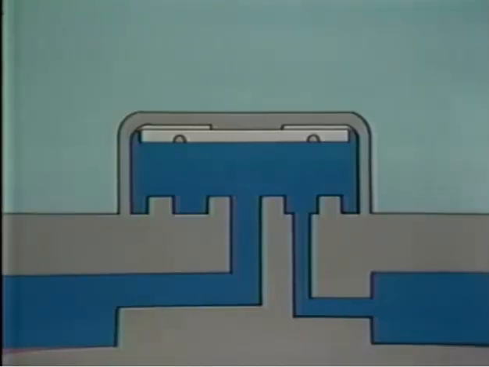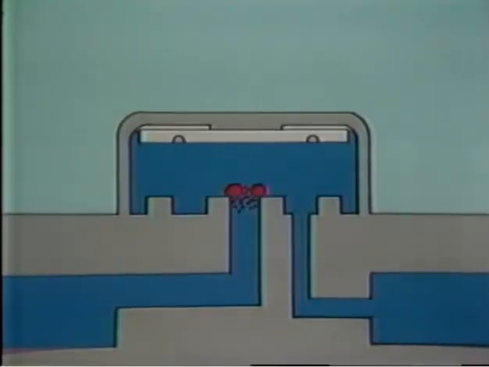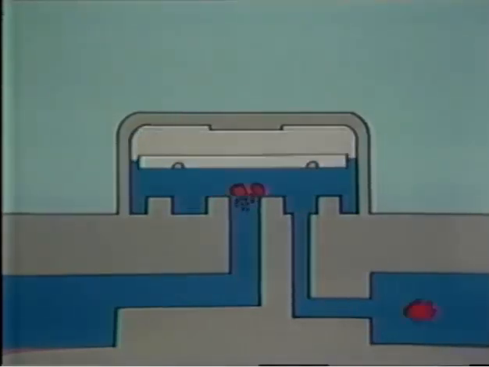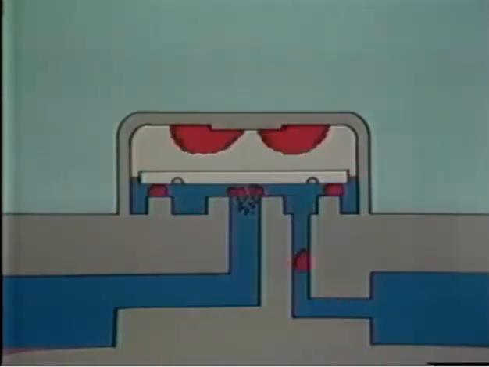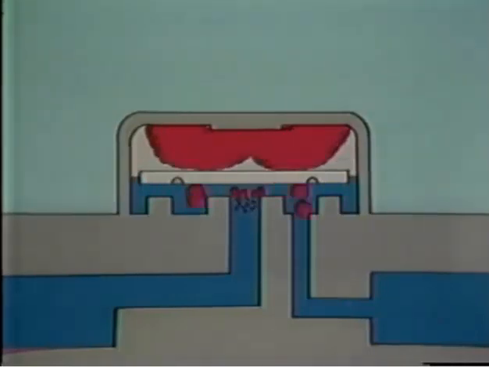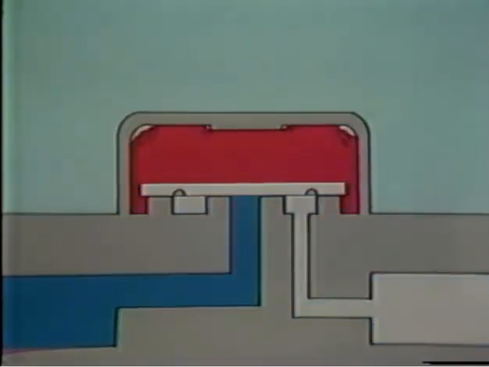Since steam occupies a much greater volume than condensate, flow velocity increases between the disc and seat, resulting in a pressure reduction in this area. At the same time, steam and some condensate collects on the side of the disc opposite the seat, and pressure here rises. The resulting differential pressure across the disc creates a force which snaps the disc onto the seat.